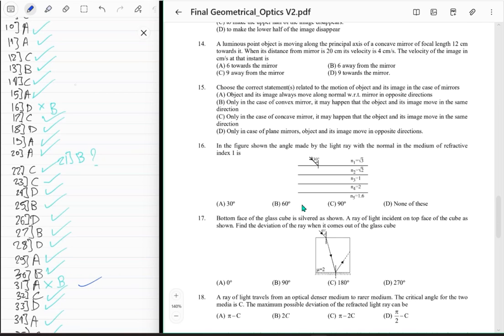Sine 60 degrees is equal to root 3 upon 2, times this one's index, which is just 1. That's equal to sine of 30 degrees, which is 1 upon 2, times this index, root 3.